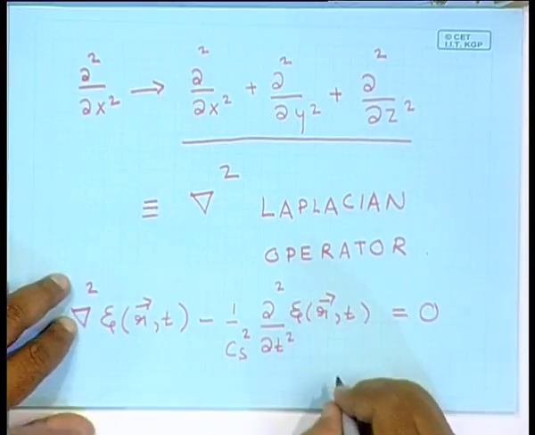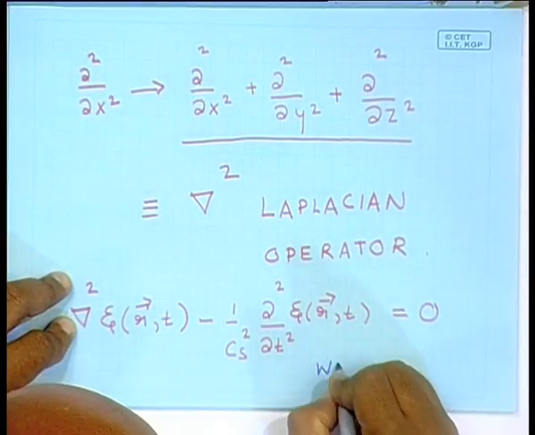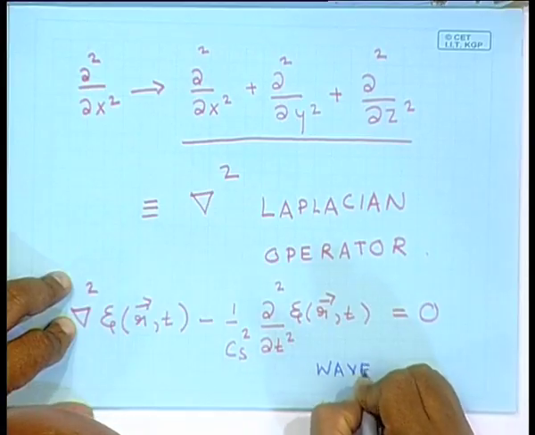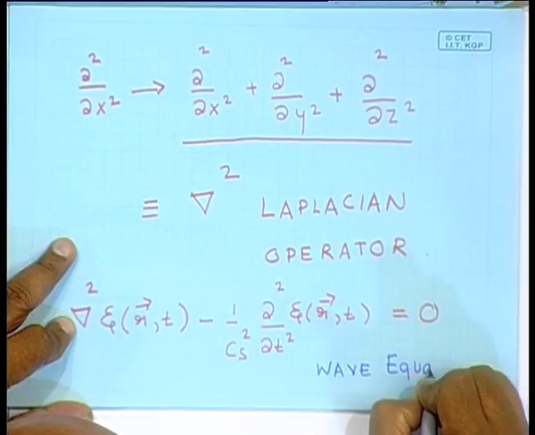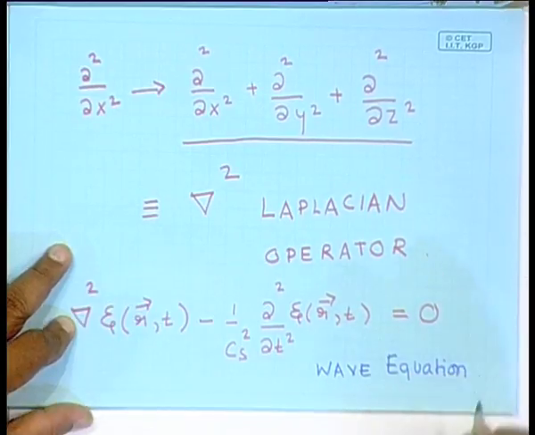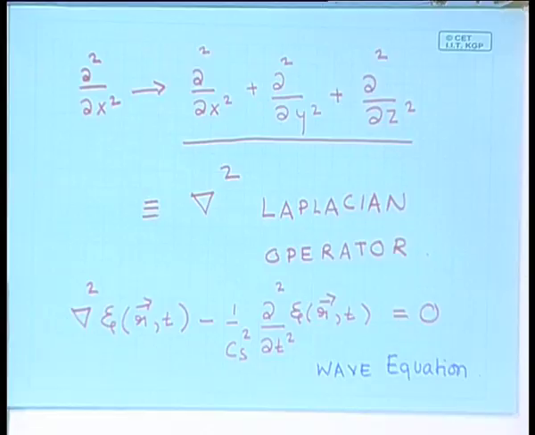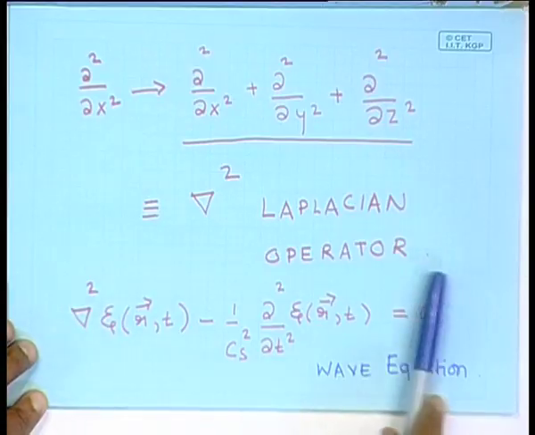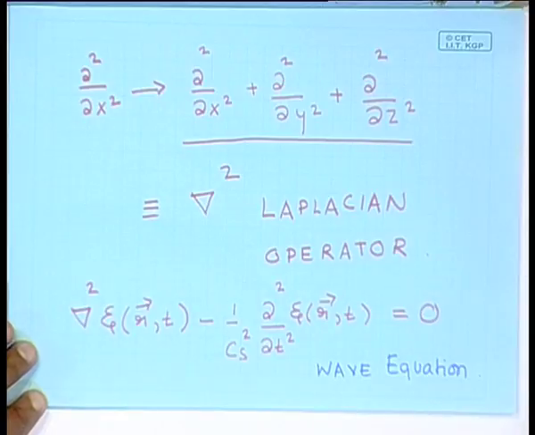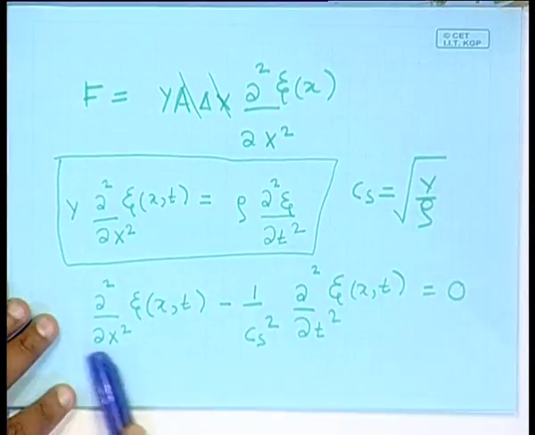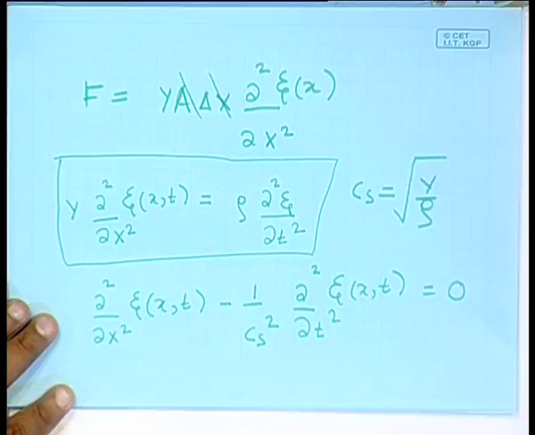This equation is the wave equation. So, if we have a wave which can propagate in all three directions, a three dimensional situation, this is the wave equation. In the situation where it is only one dimensional, this is the wave equation.